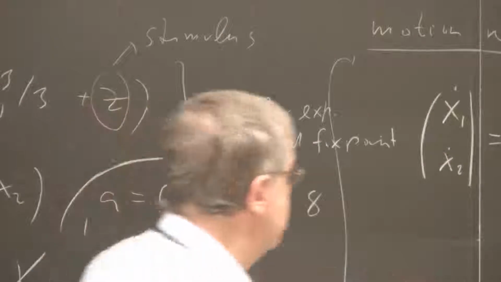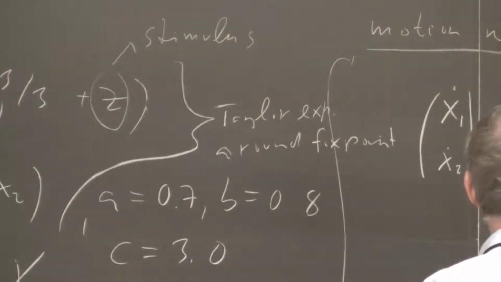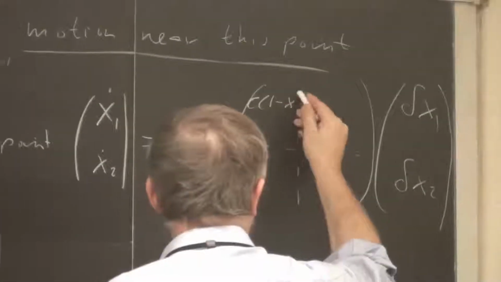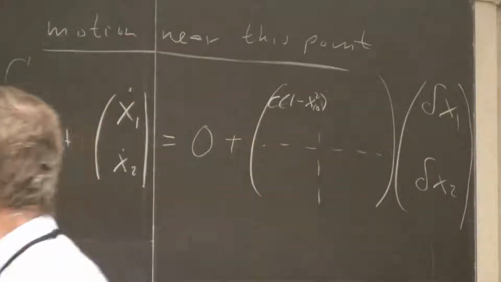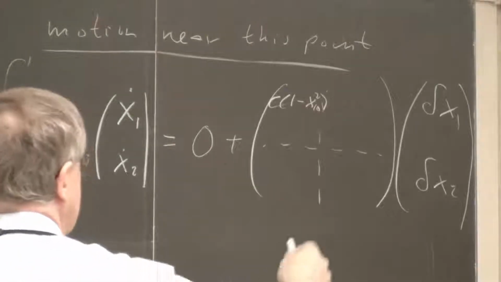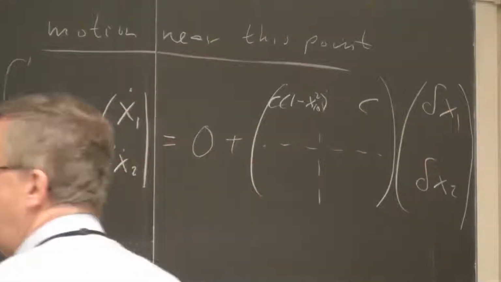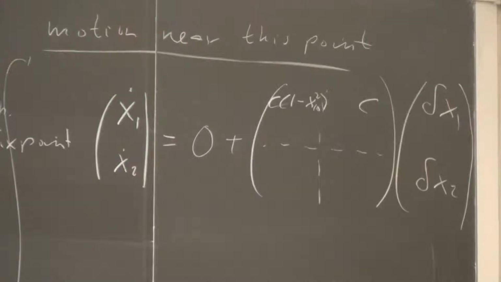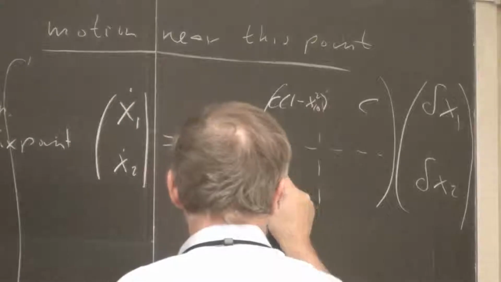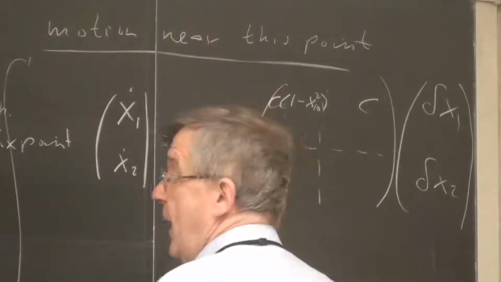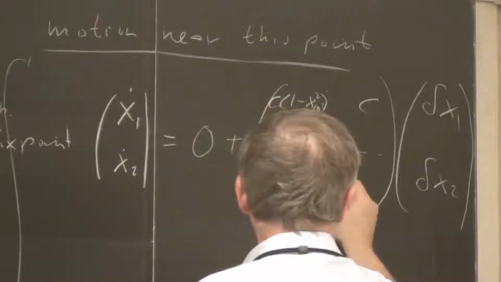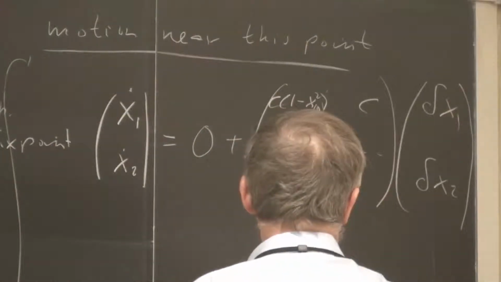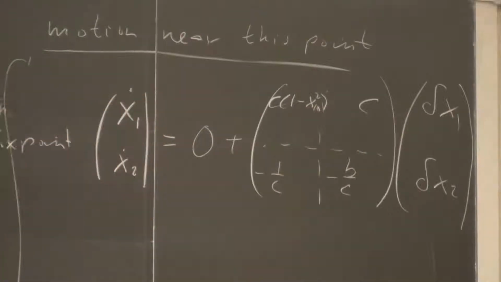So this guy here gives us a contribution c times 1 minus x1 0 squared. This guy here gives us a c. This guy here, the one with the x1, gives us a minus 1 over c. And this x2 gives us a minus b over c. So this is how the matrix looks like.